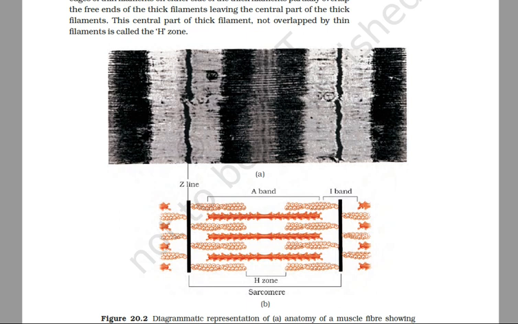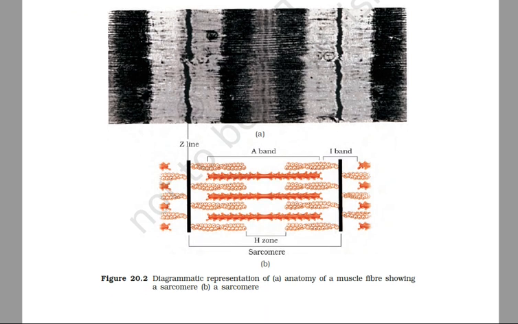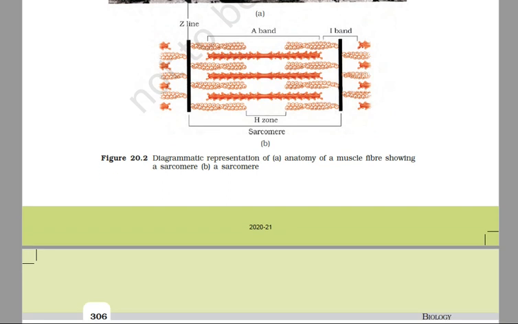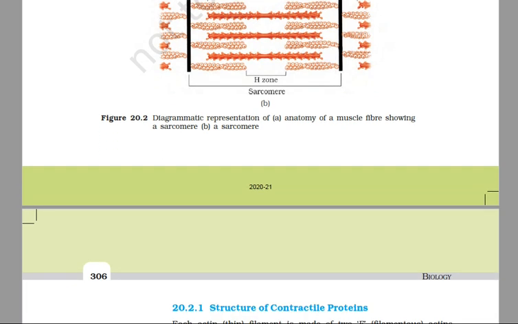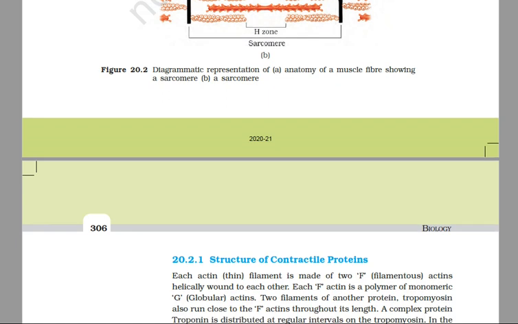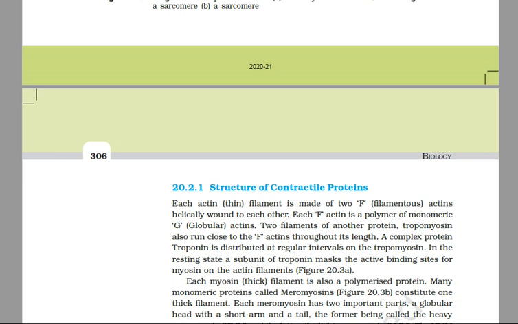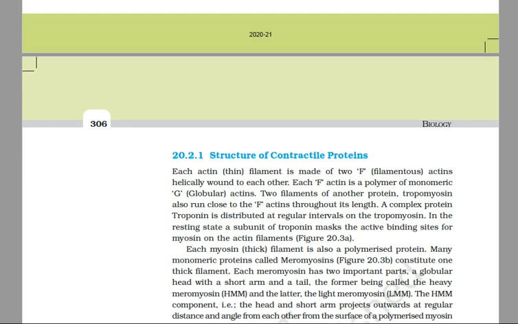Myosin filament is the thick filament, and it is 1.6 μm long, and it is composed of multiple myosin molecules, about 200 in number. Its molecular weight is about 480,000. Then the myosin molecule is composed of 6 polypeptide chains, 2 heavy chains and 4 light chains.